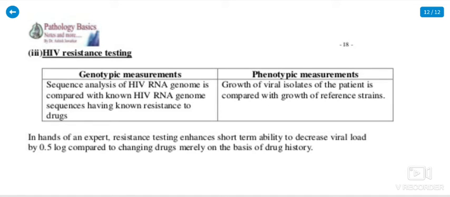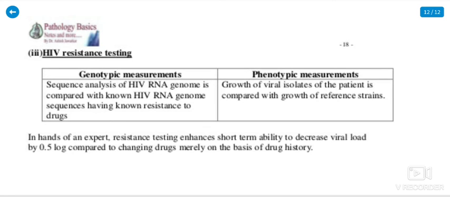In the genotypic measurements, sequence analysis of the HIV RNA genome is compared with known HIV RNA genomes having known resistance to drugs. In the phenotypic measurements, growth of viral isolates of the patient is compared with the growth of reference strains in the hands of the expert.